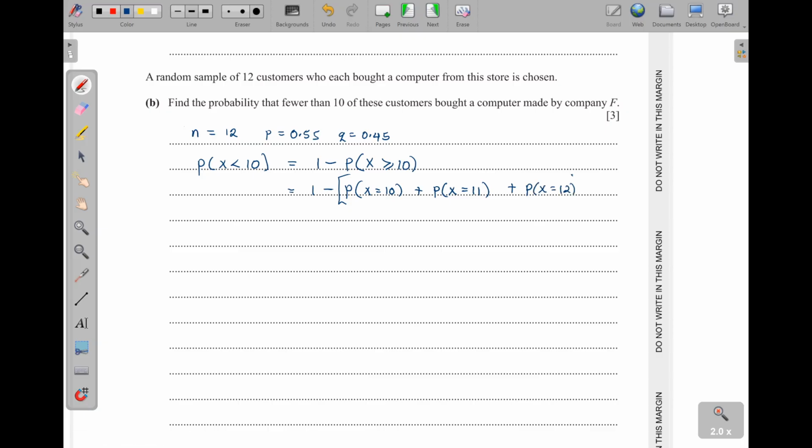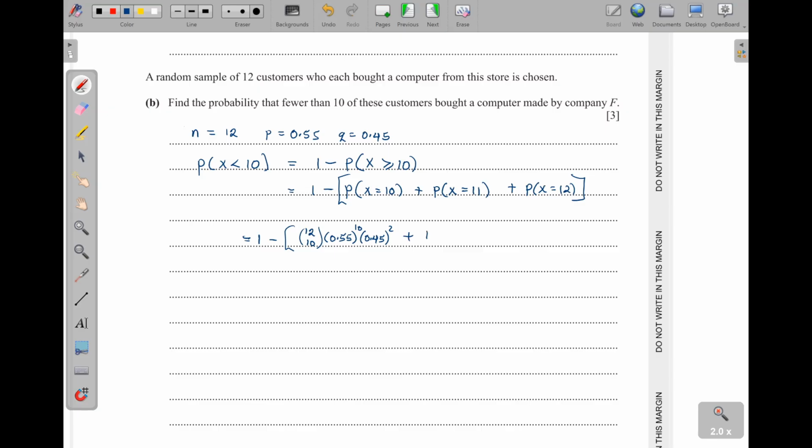Okay, so using the formula for binomial, we shall have inside here 12 combination 10, the success is appearing 10 times, so the probability is 0.55 to the power of 10, and then the failure will be appearing 2 times. Remember, when we add these two, we get the n here.